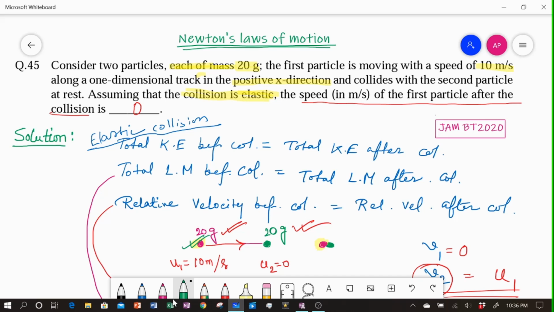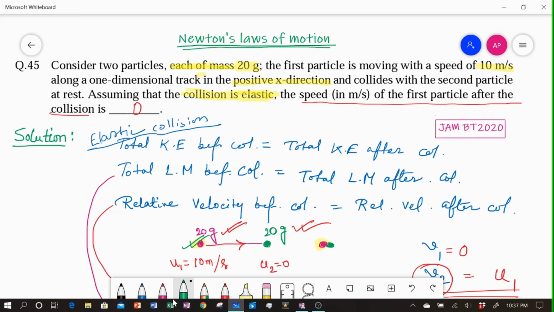Okay, so in elastic collision, this is the property of elastic collision, that the kinetic energy will be transferred totally into the second particle if the second particle is at rest and the first particle will become at rest.